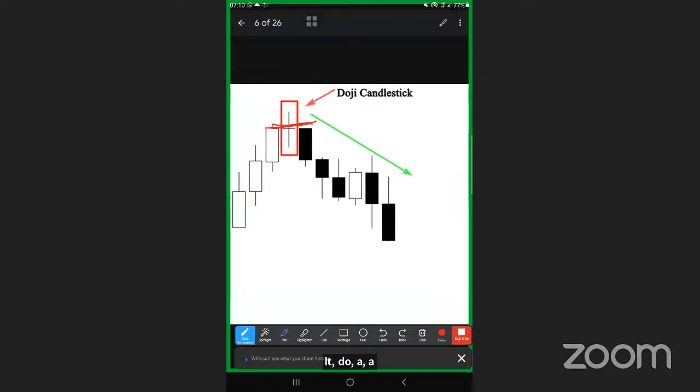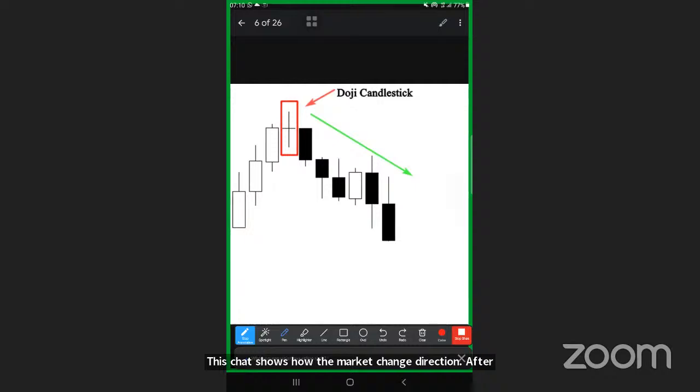All right, yes. Now, let me emphasize something on the issue of the doji. When you look at this chart that you are looking at now, it shows how the market changed direction after the formation of the doji candlestick.